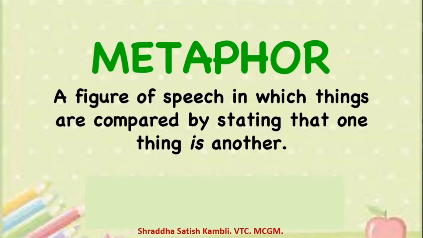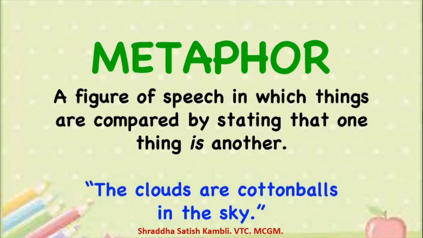In metaphor, we say that one thing is another. We compare two things by saying that A is B. Confused? Don't worry, when you look at the examples, you will come to know. See? The clouds are cotton balls in the sky.